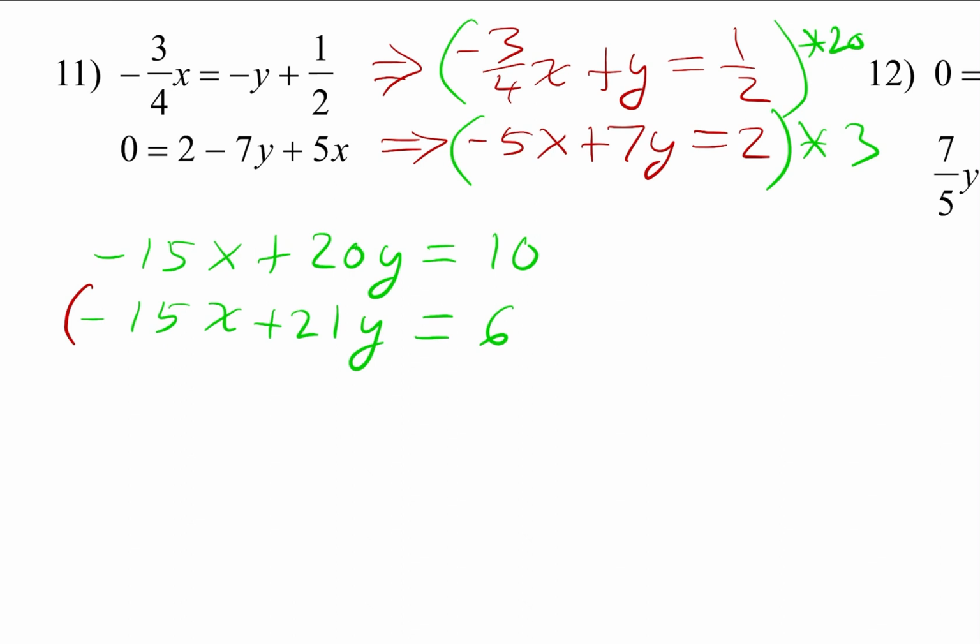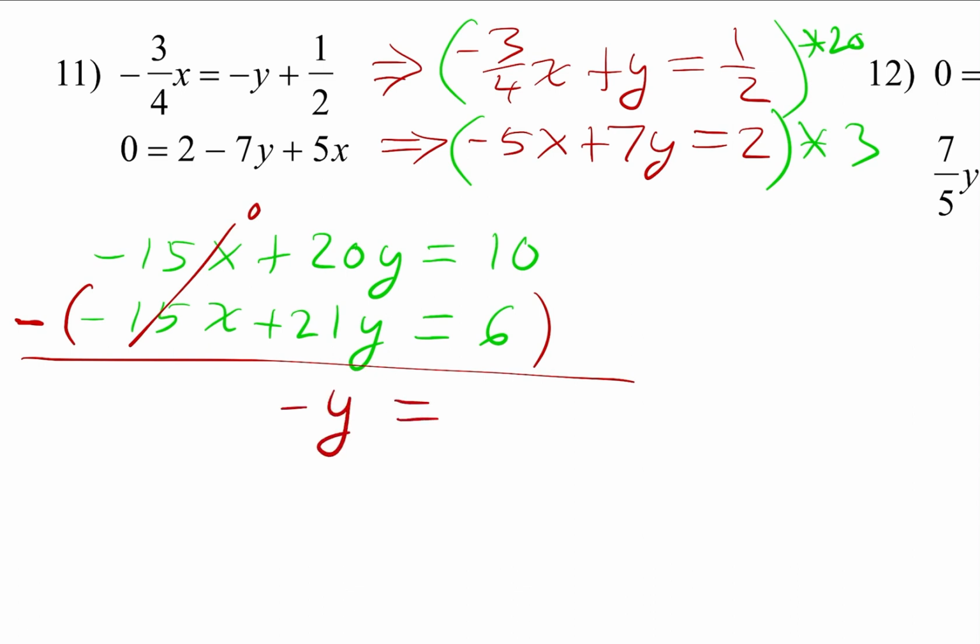So I'm going to take the top equation and subtract the bottom equation. From here, the x's are eliminated. The y's become negative 1y, and 10 minus 6 would be 4. So if 4 is the opposite of y, when I divide by negative 1 on both sides, I get y equals negative 4.